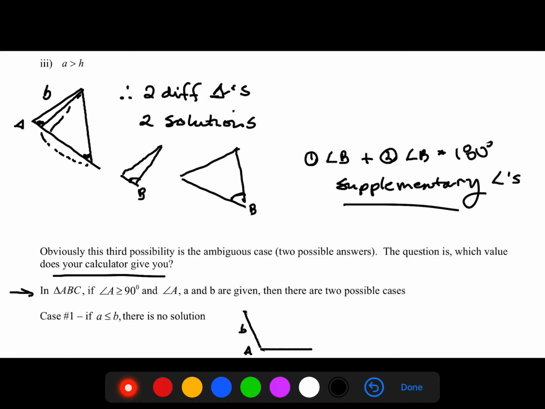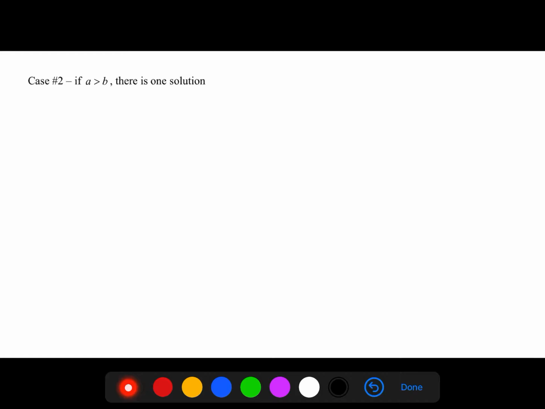There can't be more than one solution because we can't have two obtuse angles in a triangle. So we know there's not going to be two possibilities. Now we're still comparing sides a to b. If side a is less than or equal to b, then there can't be a solution because it's not going to meet up here.